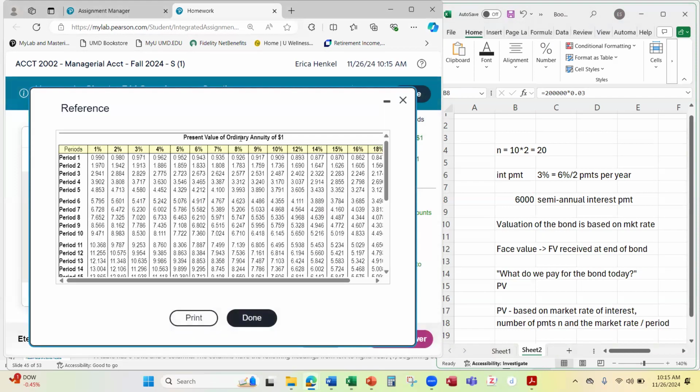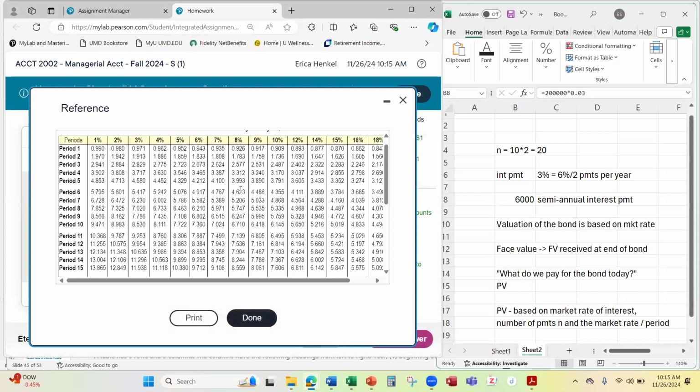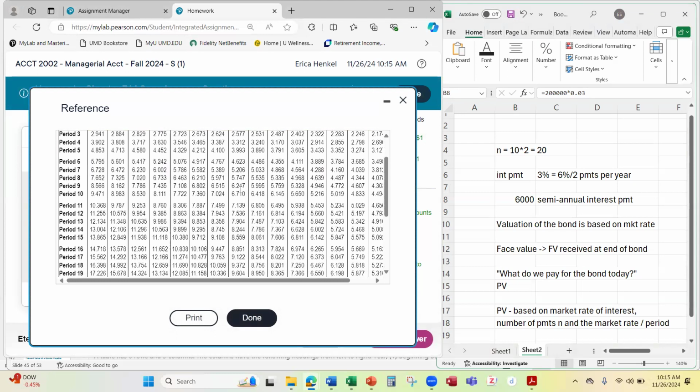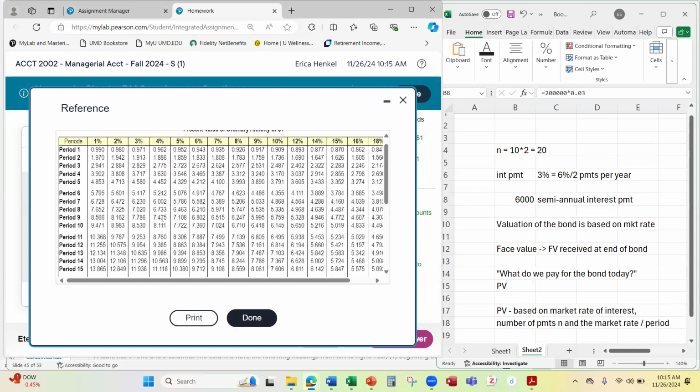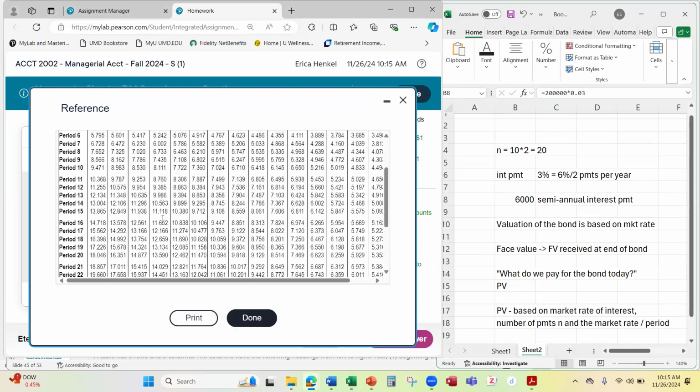This is again calculated at the market interest rate. So anytime you're looking up things related to a bond on here, you're going to look it up based on the market interest rate, because people are trying to seek that market rate of return.